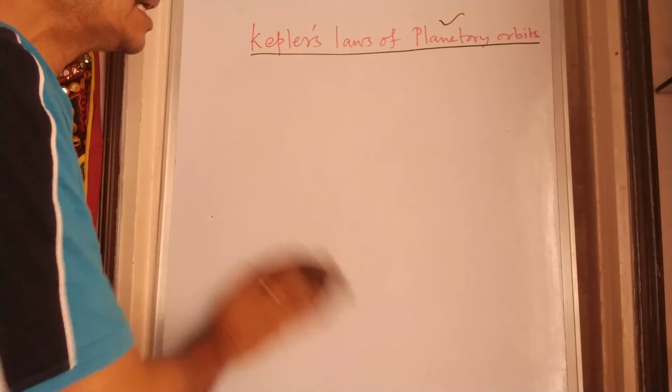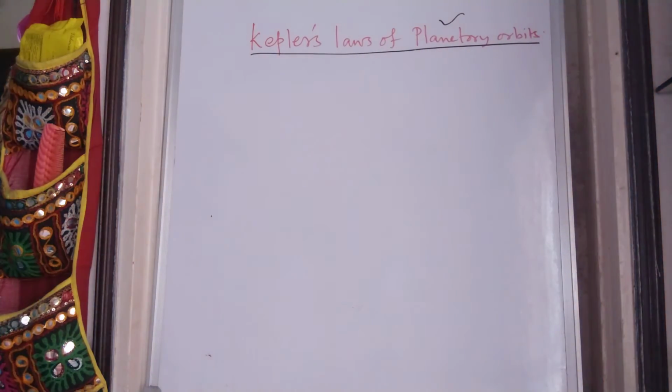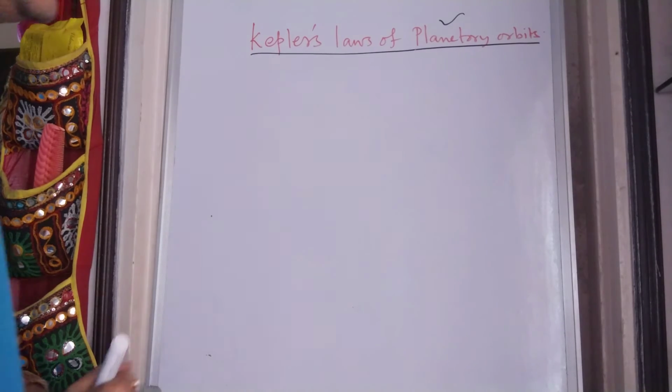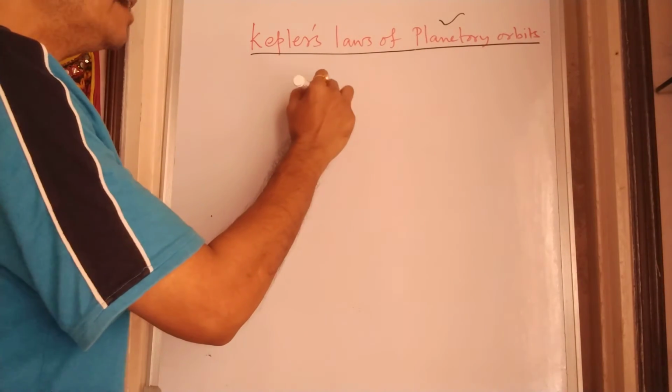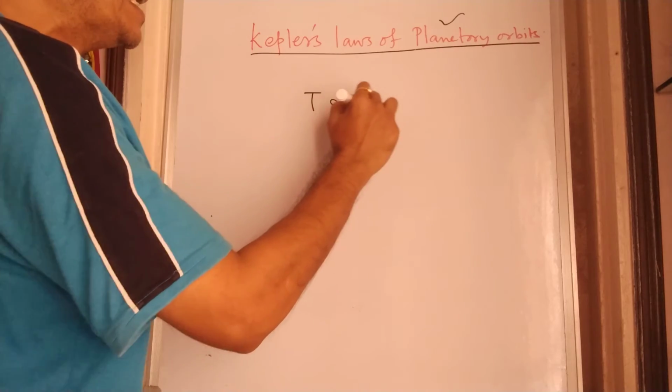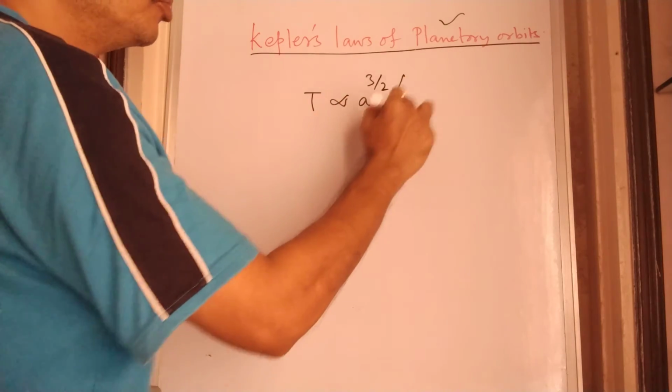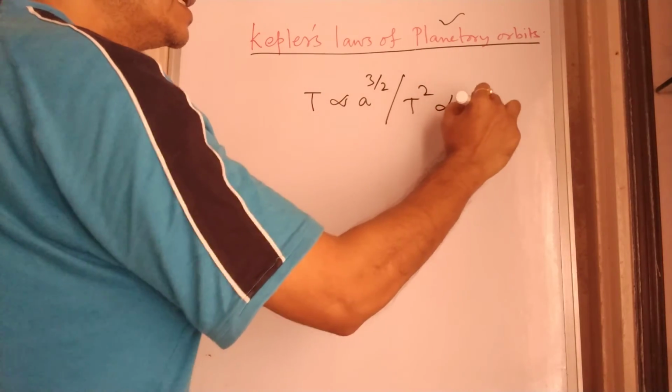Now let us come to the third law. In the case of Kepler's third law, we have T varies as a to the power 3 by 2, or we may say that T square varies as a cube.